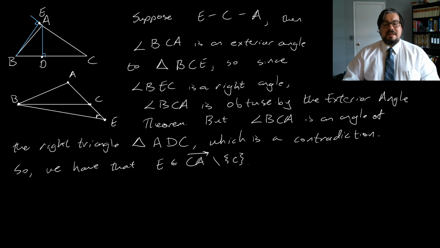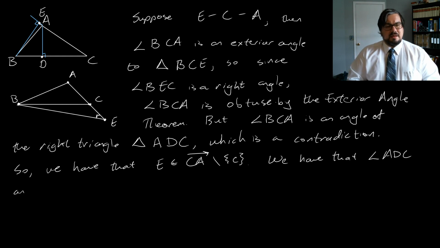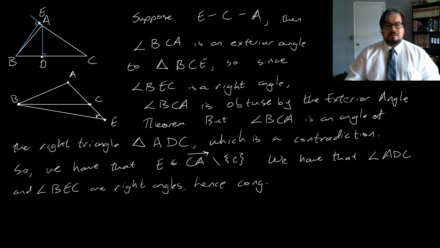Okay, so that means that we can look at some angles that are equal to each other. Now, we have that the angle ADC and angle BEC are right angles, hence congruent.